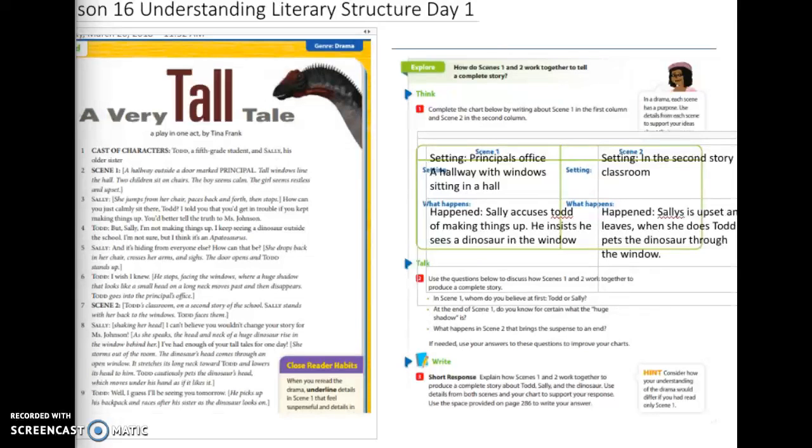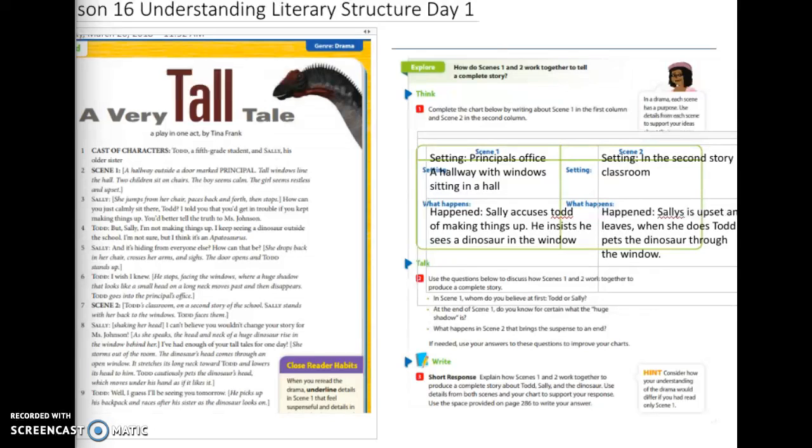So in Scene 2 is talking about the type of conflict that was brought about in Scene 1. You need both of these scenes together because you have to explain why those two things are happening and how they happen. They help to fit together so that way you can better understand a play about two students seeing a dinosaur at school.